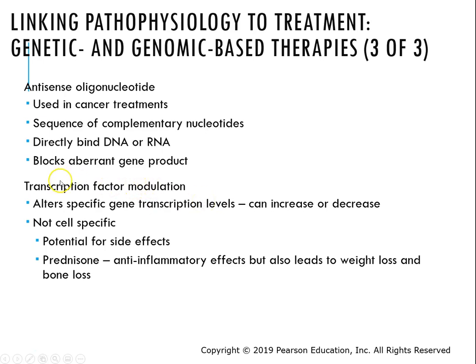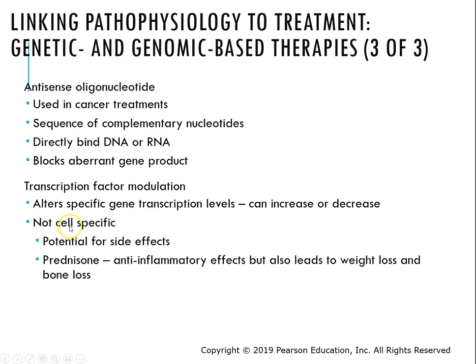So the idea is that you're designing drugs that act like transcription factors or interact with transcription factors. And why do we talk about that as being genetic based? Because transcription factors are always going to interact or associate with the DNA.